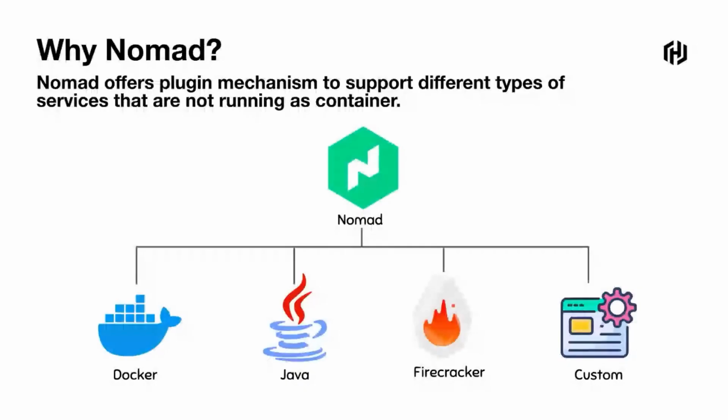Now, the next question is, when we already have a lot of orchestrators available in the market, why do we need Nomad? One thing I love about technologies is the plugin mechanism, where we have our own custom plugin and we can club it to the main system. That is one philosophy Nomad is based on. It is not restricted to running microservices on a container basis.